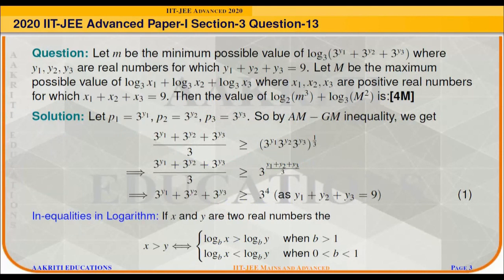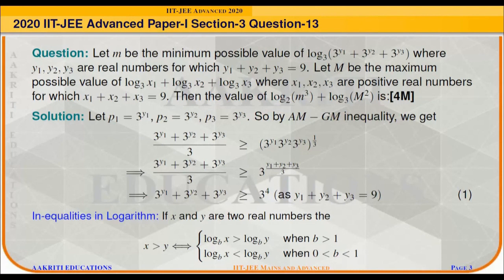So, if we apply the AM-GM inequality, then the AM of these numbers is always greater than or equal to the GM of these numbers. After simplifying, we get that (3^y1 + 3^y2 + 3^y3) divided by 3 is always greater than or equal to 3 raised to the power (y1 + y2 + y3) divided by 3.